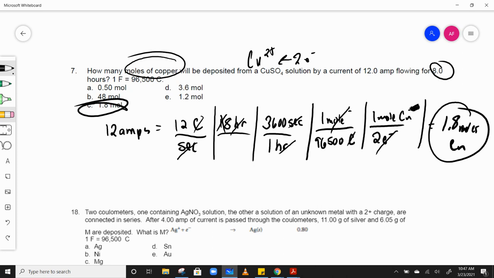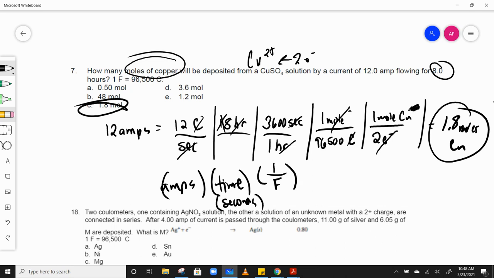Okay, this whole process is pretty standard. It's not necessarily a formula, but you take the amps times the time, which has to be in seconds, times 1 over Faraday's constant, times the number of moles of element over the number of moles of electrons.